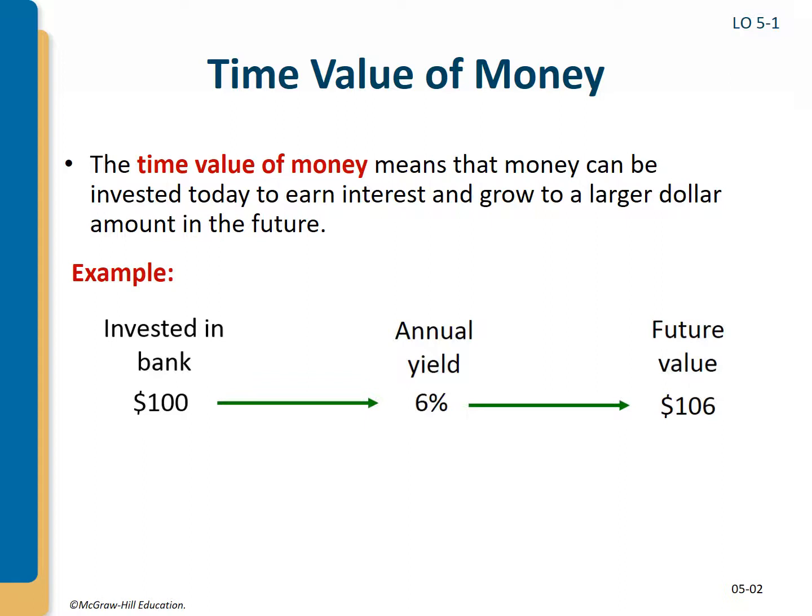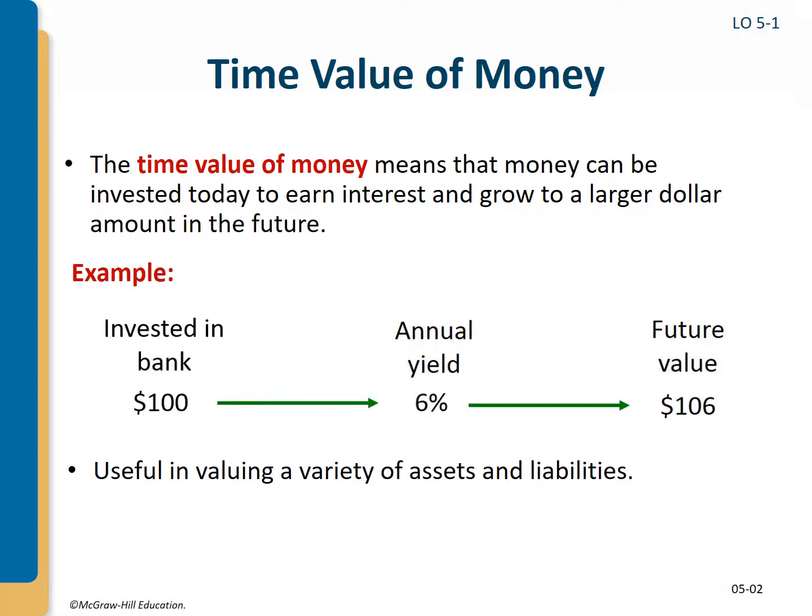Because today is the beginning of the year that you're investing your money in. And 1 year from today is the future value amount. So, like I said, this is a very useful concept for determining the value of certain assets and liabilities actually.